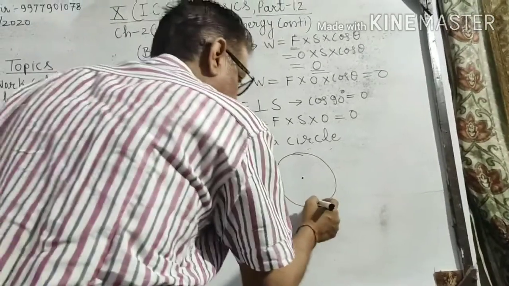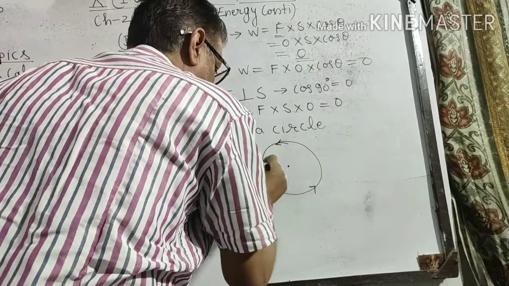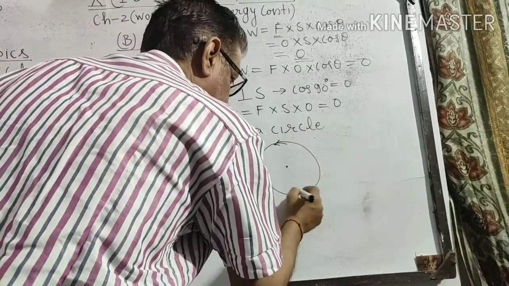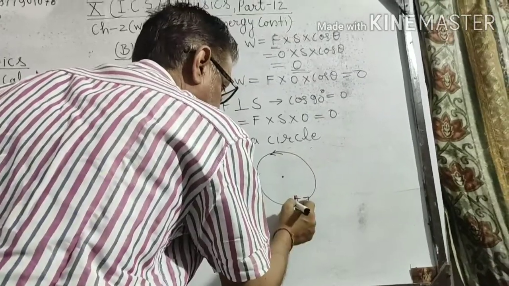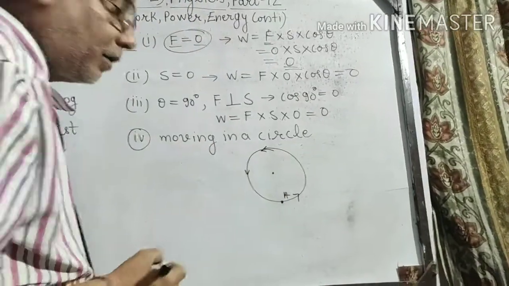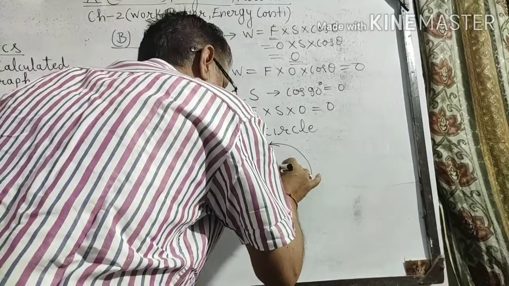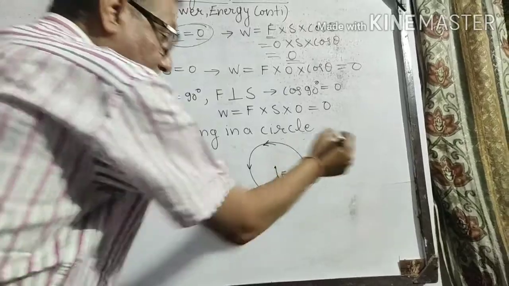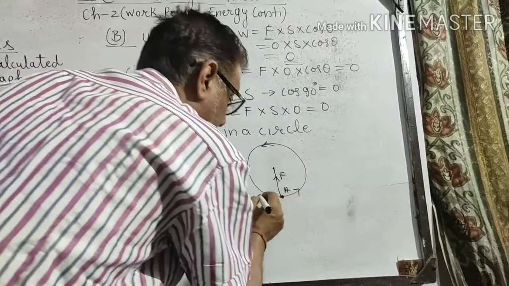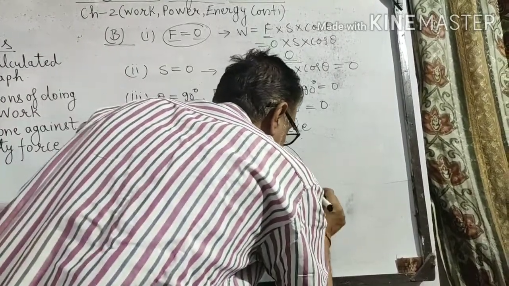Suppose the body is moving anti-clockwise, and this is an instant A. Now how to calculate the work? The force responsible is the centripetal force, and the displacement at this instant is regarded along the tangent.